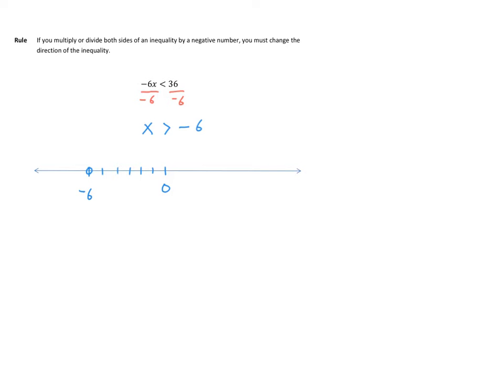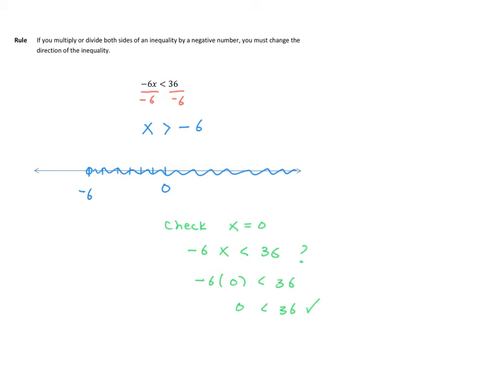So if I were to check, let's say x is equal to 0, does it make this a true statement? And if we put 0 in place of x, we get 0 is less than 36, and this is true. In fact, every number on this side is going to make this original inequality true, so we'd have to shade in this direction, which is the same thing as saying x is actually greater than -6.